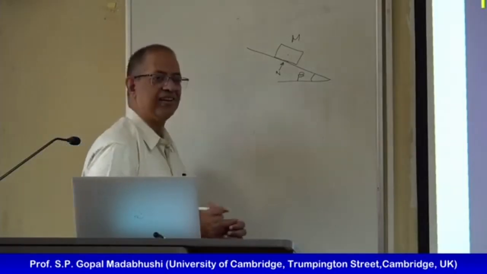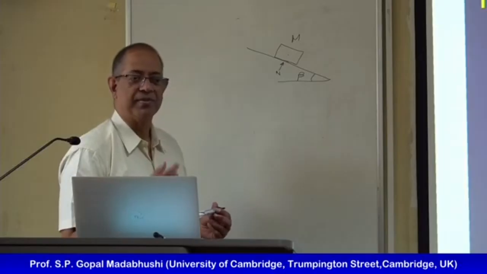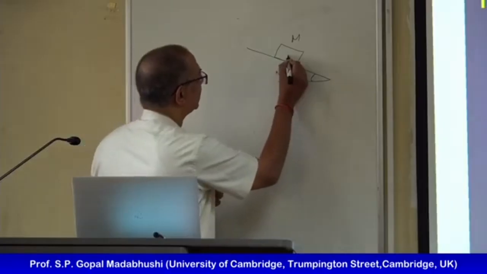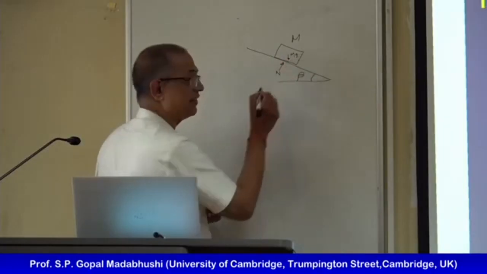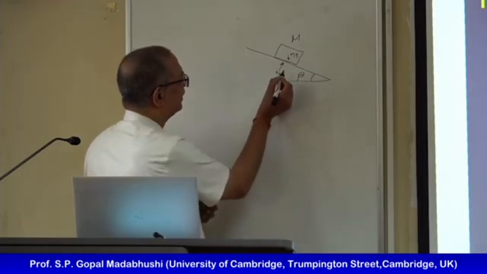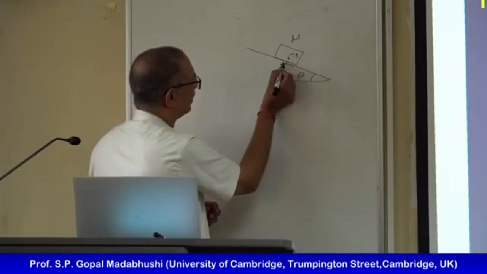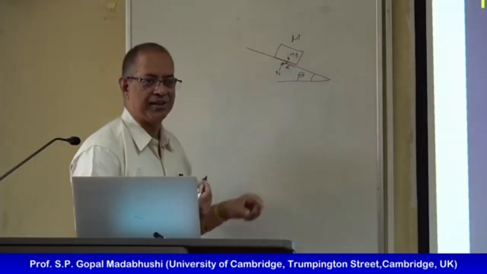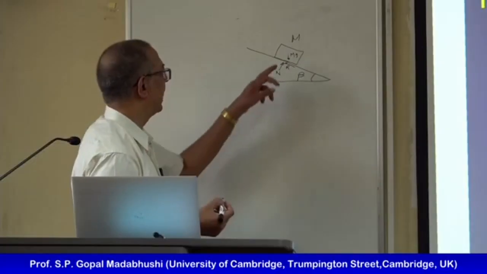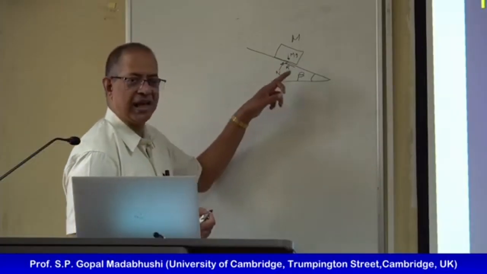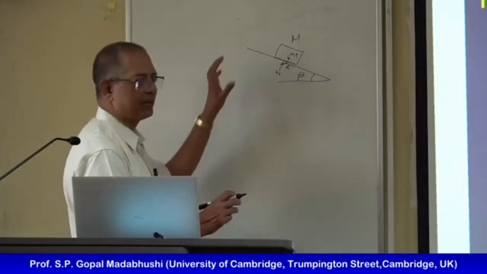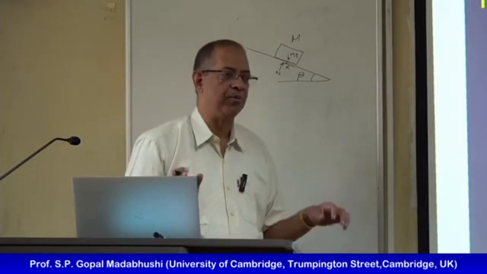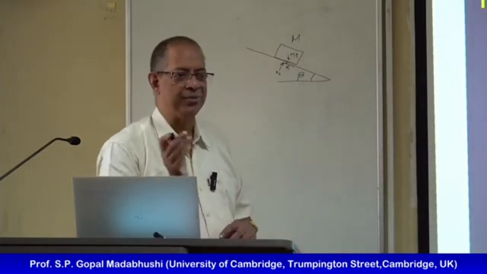So this is normal. There should be one more force, right? So mg is that way. And I should have some R that way, because the block wants to slide down, I'll get frictional resistance to oppose it. And mg cos beta will be one, mg sin beta will be the other, and we can work out the equilibrium of that, right? That is a block on a slope problem. A-level students should do that, or intermediate students should do that.